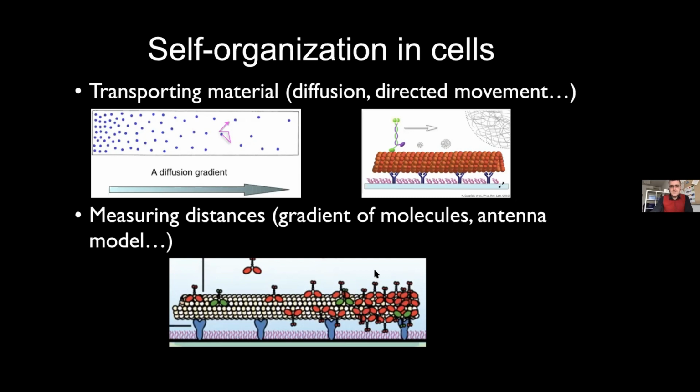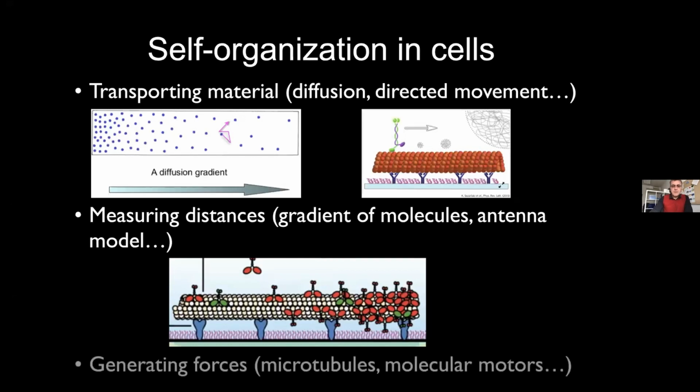These molecules bind with equal probability along the microtubule lattice, but by moving processively towards one end, there will be a larger concentration of these motors the longer the microtubule is. So these are two ways how distances are measured in cells.